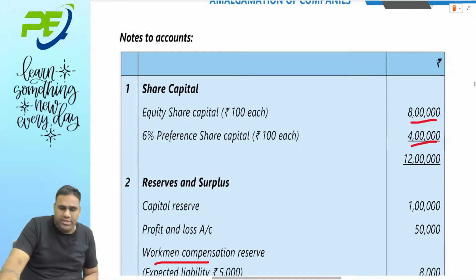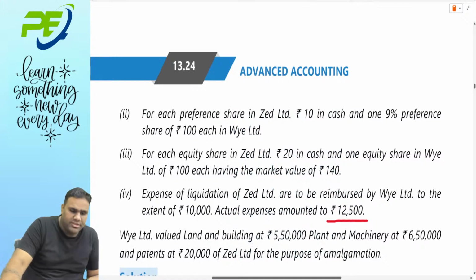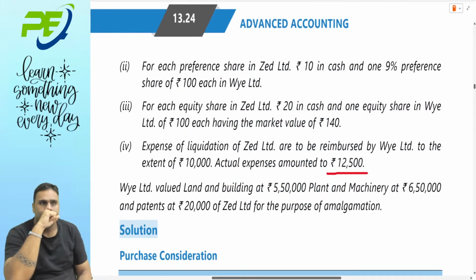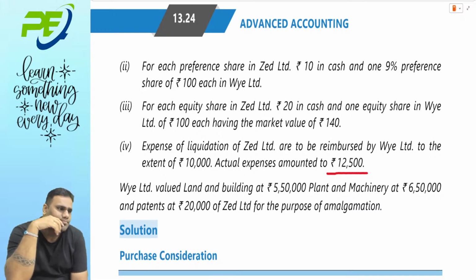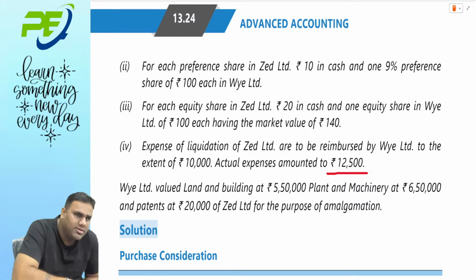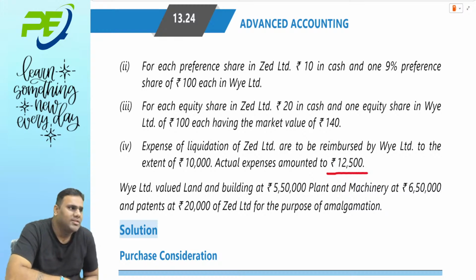At present, 8,000 equity and 4,000 preference.